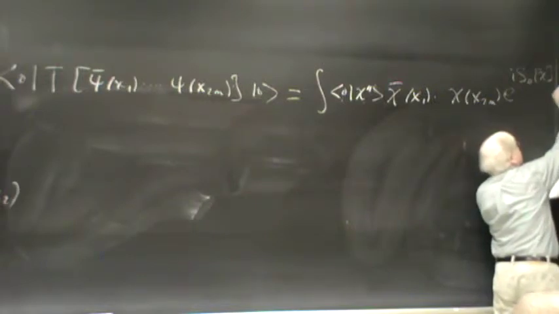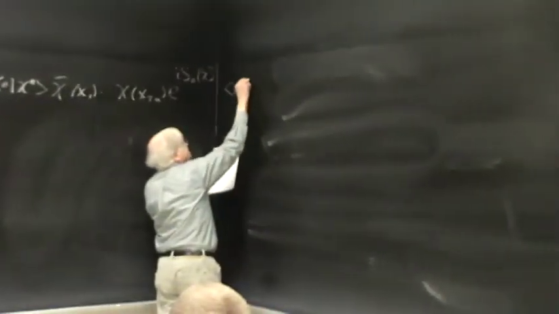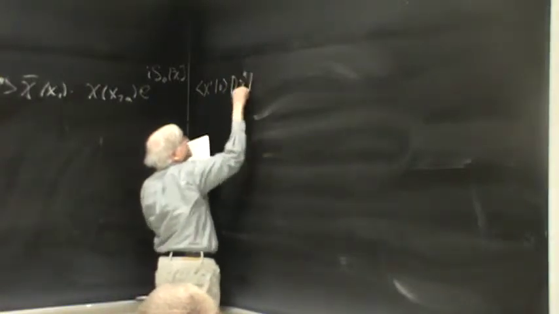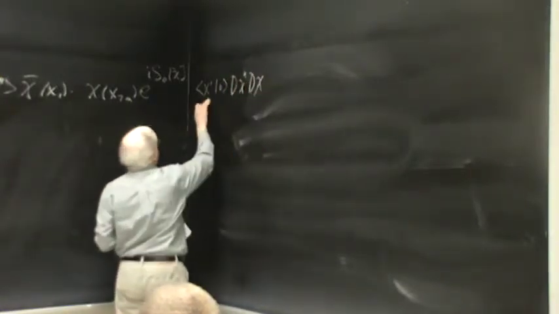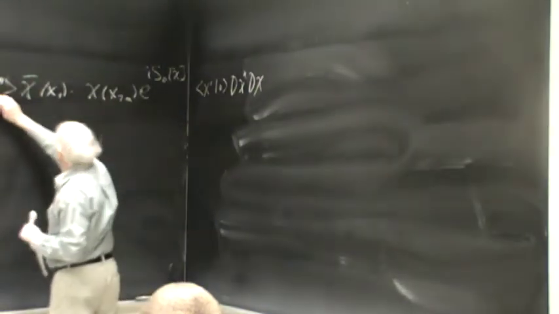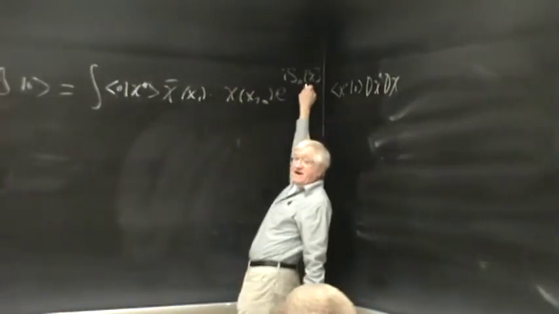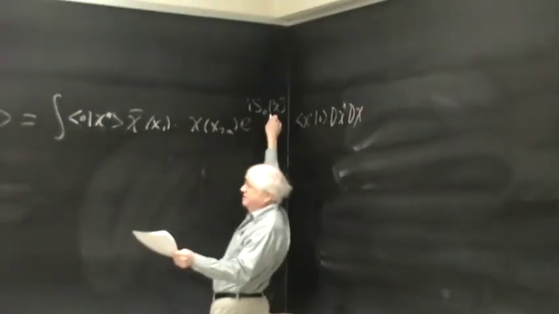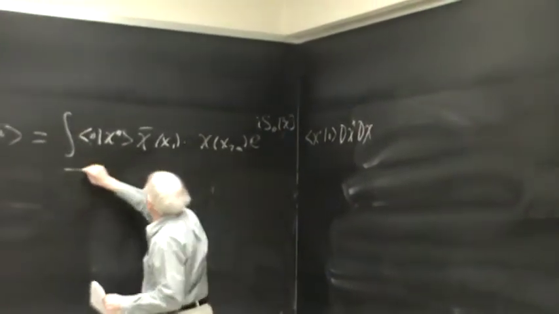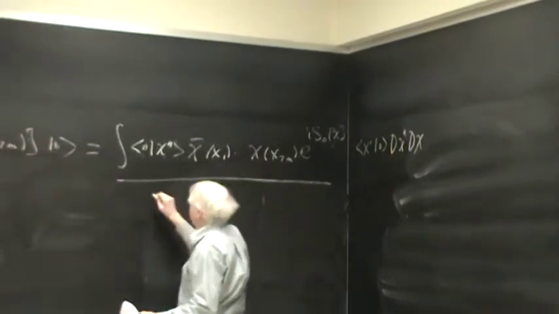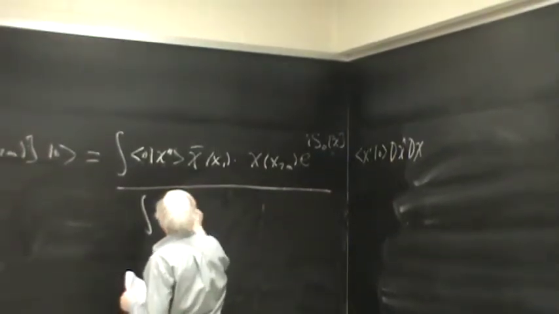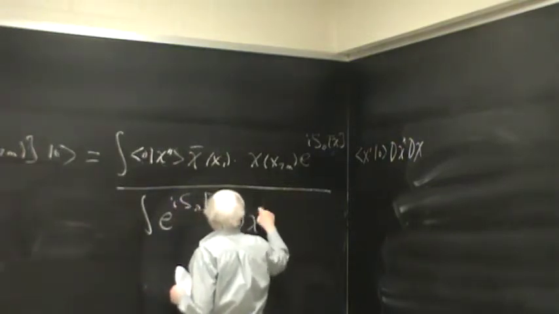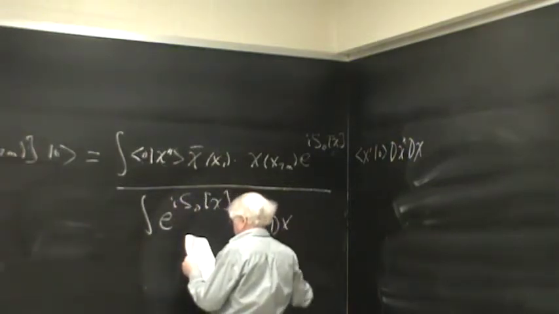And then we would have chi prime 0, and then this would be d chi star d chi, where we're integrating over chi prime, chi double prime, and all the chi's that go from chi sub minus t to chi sub plus t. And then this is divided by the integral of e to the I s0 chi d chi star d chi.